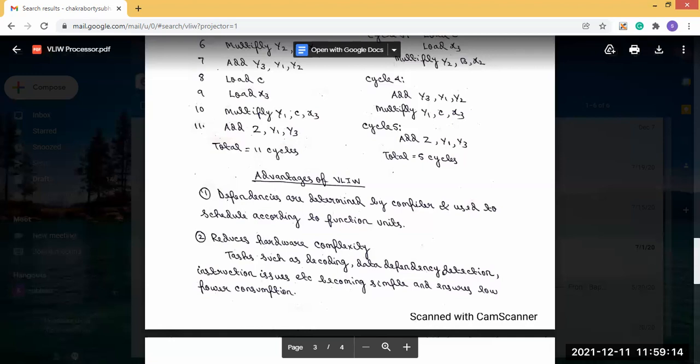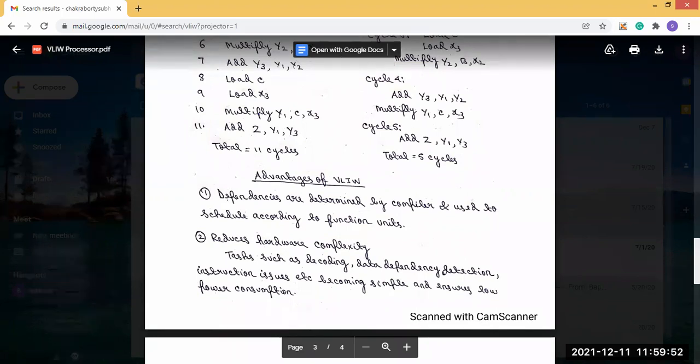If an instruction in the VLIW instruction format requires addition, the arithmetic logic unit of the CPU will work. So which functional unit we require to execute that particular independent instruction will be determined by the compiler.